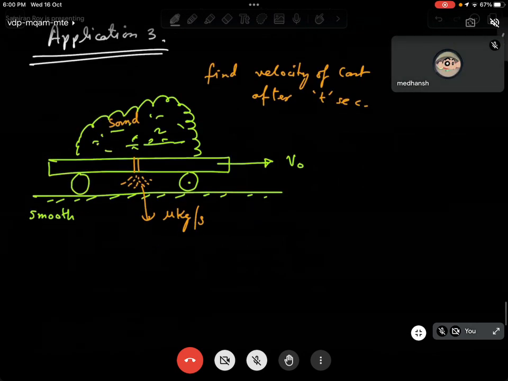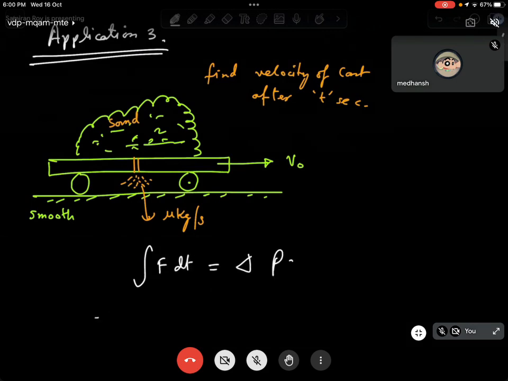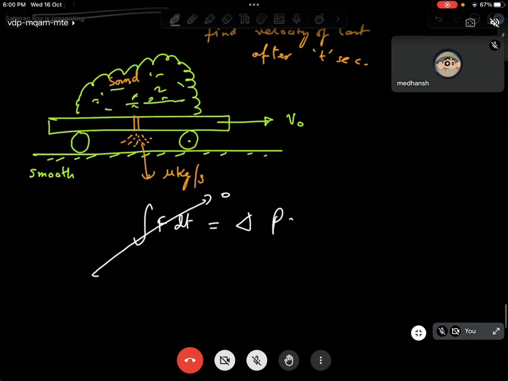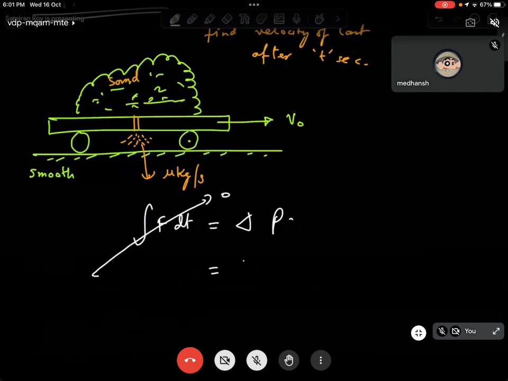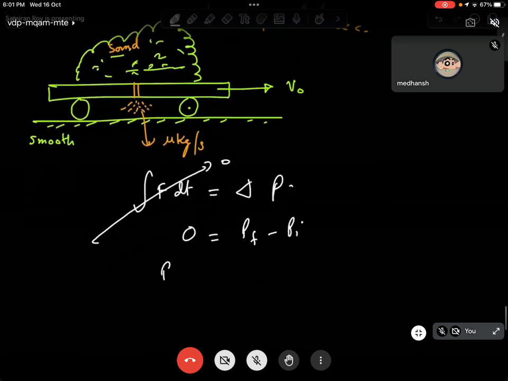You do integration of f dt equal to change in momentum. External force is 0. P final minus P initial. So basically I can write P final equal to P initial.